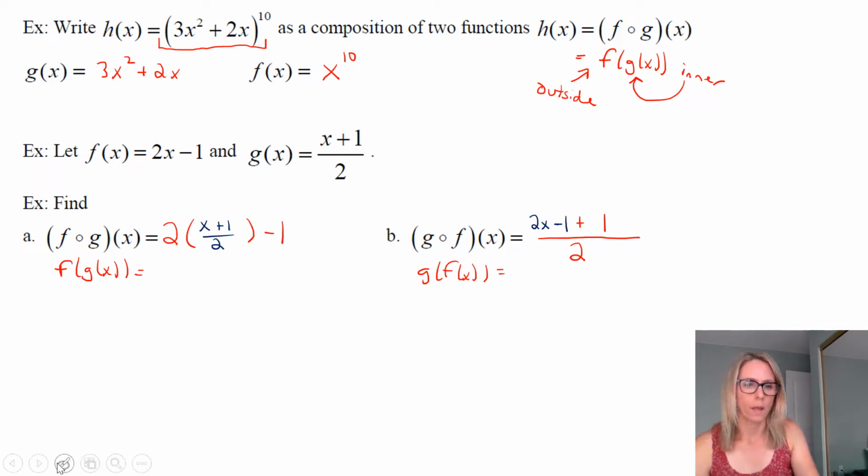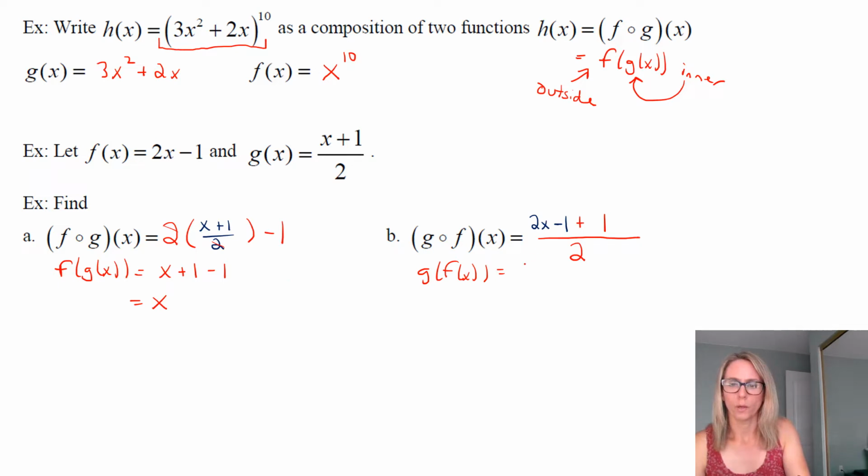Okay, and then I'm just going to simplify each one. So my 2 simplify, we get x. Over here, my 1 simplify, we get 2x over 2, and that equals x.